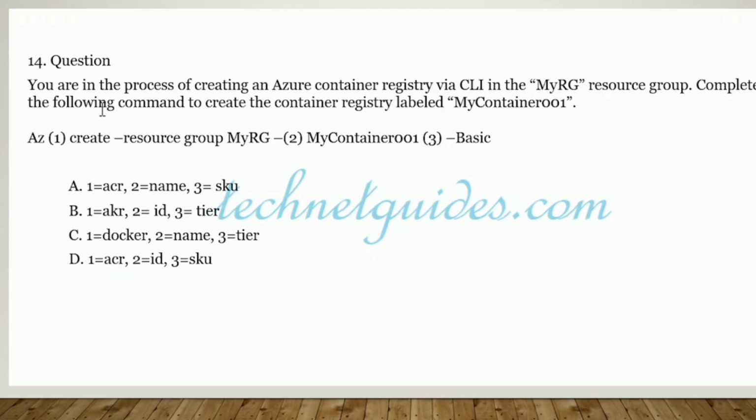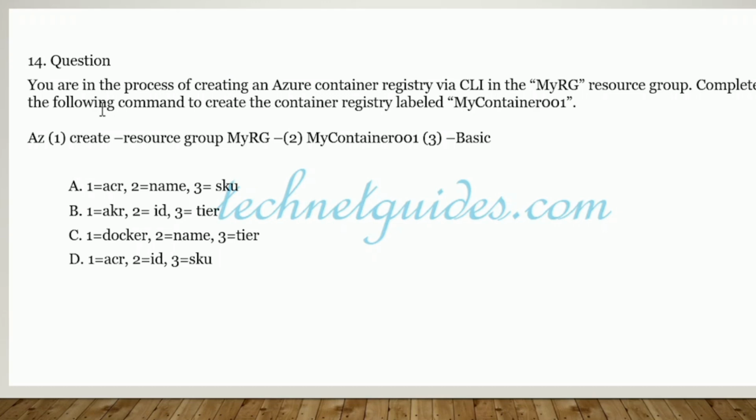Question number 14. You are in the process of creating an Azure Container Registry via CLI in the MyRG resource group. Complete the following command to create the container registry labeled mycontainer. az 1 create, resource group MyRG, 2 mycontainer, 3 basic. Option A: 1 equals ACR, 2 equals name, 3 equals SKU.